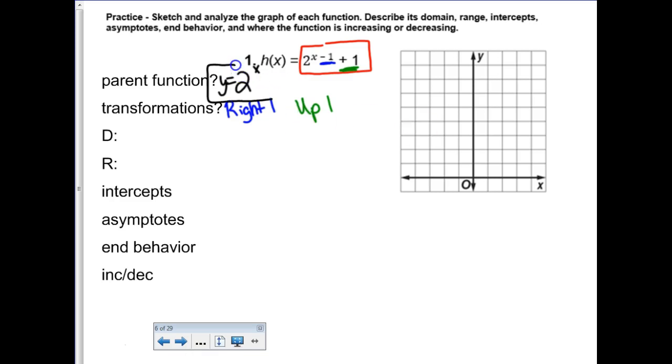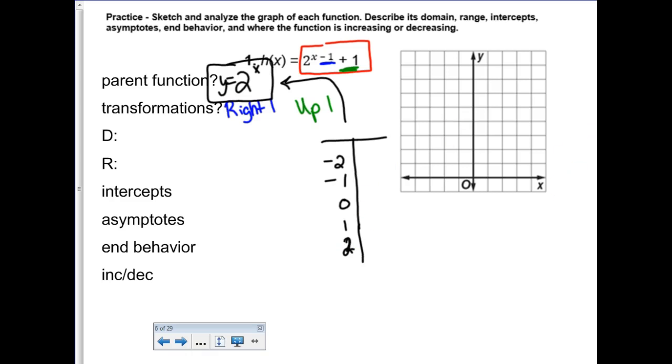Or you could take the parent function and pretend like you're going to plot ordered pairs and move them using these 2 transformations. So like for instance, and this is referring to the parent function right now, what if I wanted to evaluate the parent function at -2, -1, 0, 1, and 2?